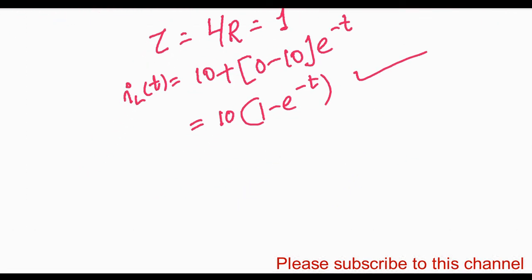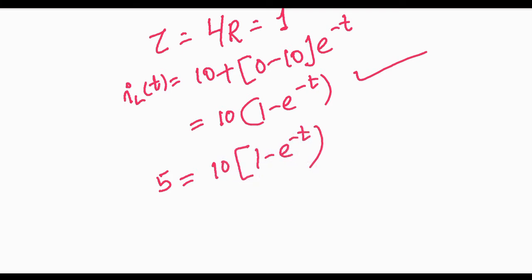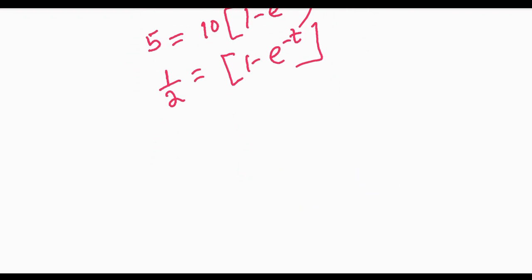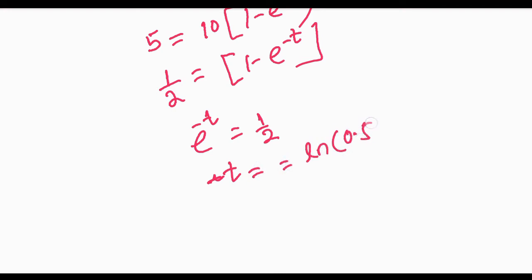Now we have to get 50% of that value. So this current will be 50%, that means 5 is equal to 10 into 1 minus e to the power minus t. This gives half is equal to 1 minus e to the power minus t, so e to the power minus t is equal to half, and minus t will be equal to ln 0.5.